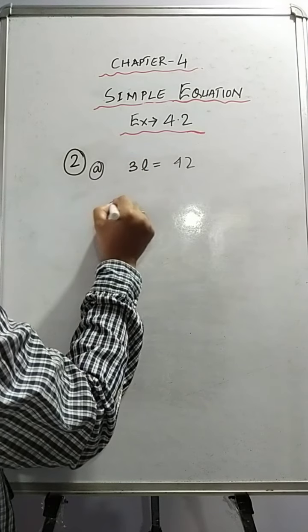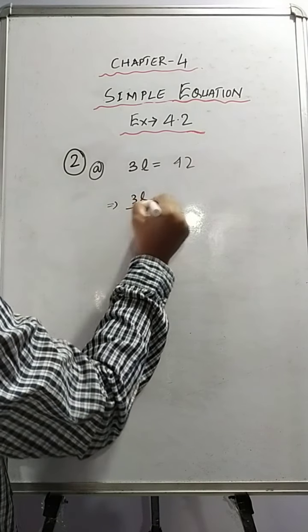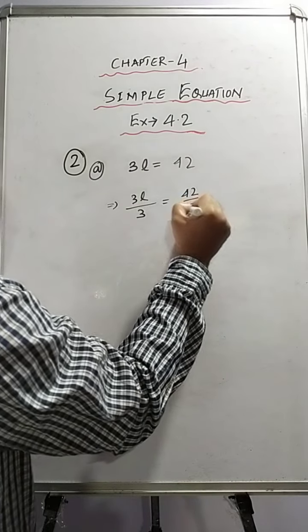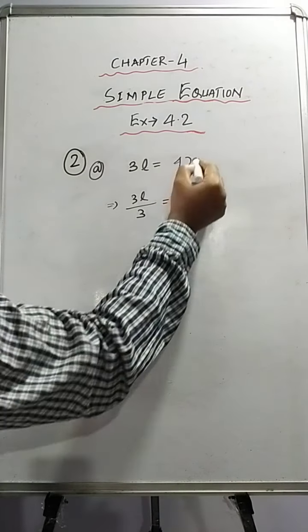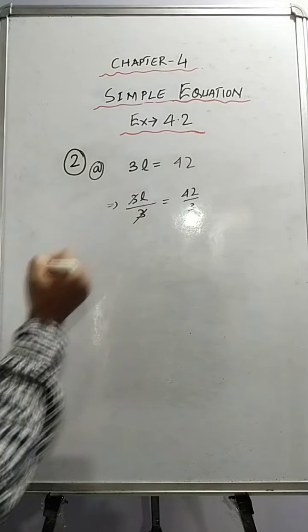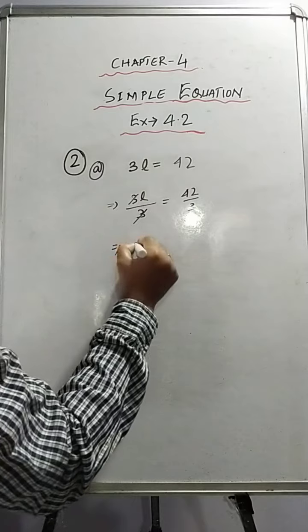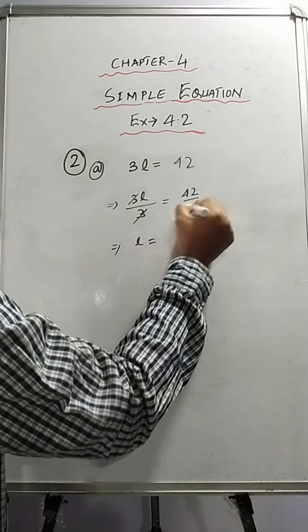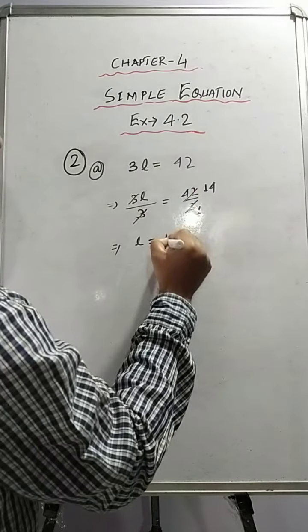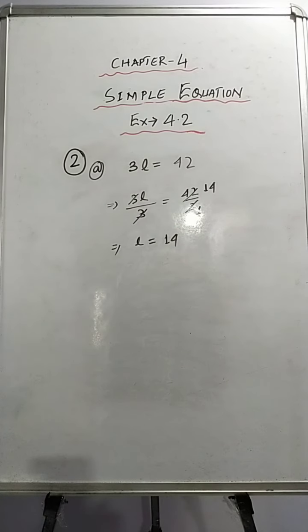So we'll divide the whole term, that is 3L, by 3. And the same thing you have to do on the right hand side also, that is you have to divide this term by 3. Now we can cancel the 3. Now the value of L would be what? You can also reduce this, that is, the answer is 14. So the value of L would be equal to 14.